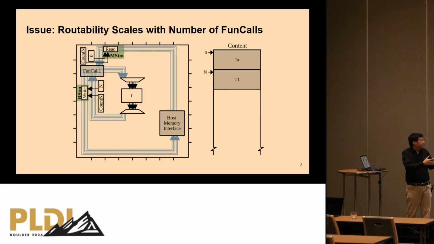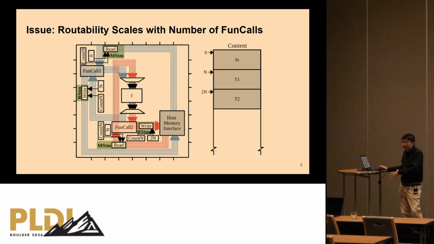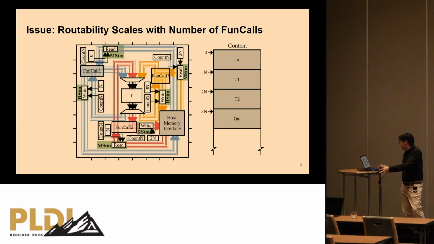All these things will occupy space on the chip. You can see there's a problem, because if we have multiple function calls, each will occupy another space, and a third function call will occupy yet another space. So it actually scales with the number of function calls we have. If we have something like ResNet 50, which has 50 layers, that means 50 function calls, so we definitely cannot fit it into the device.